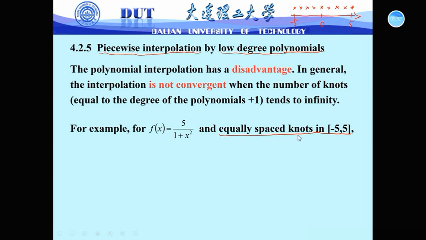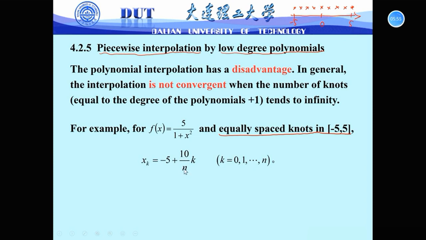By the formula, x_k equals -5 plus 10 over n multiplied by k, with k from 0, 1 to n. Because the length of the interval is 5 minus -5, which is 10.